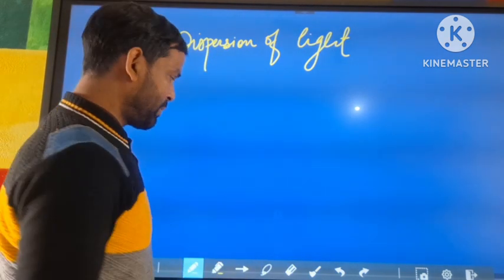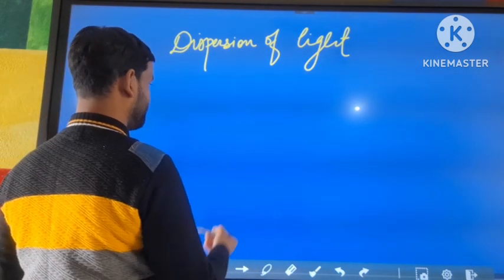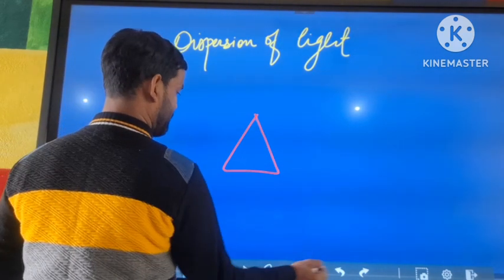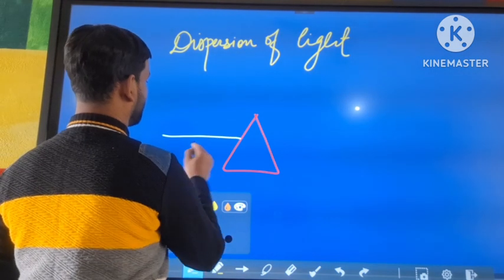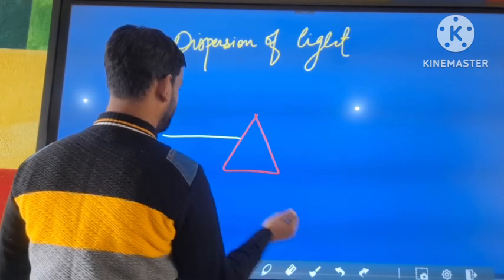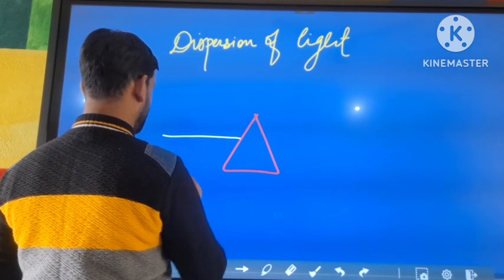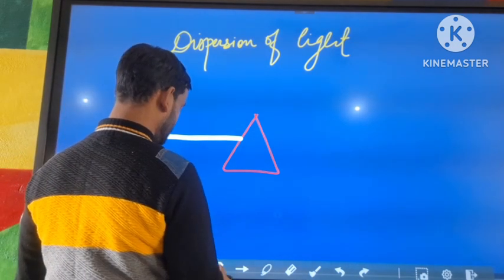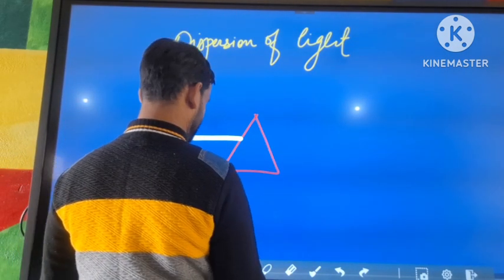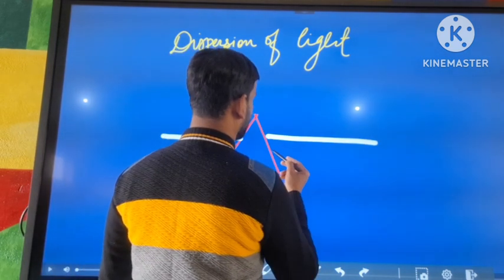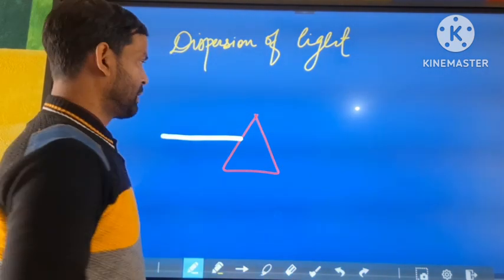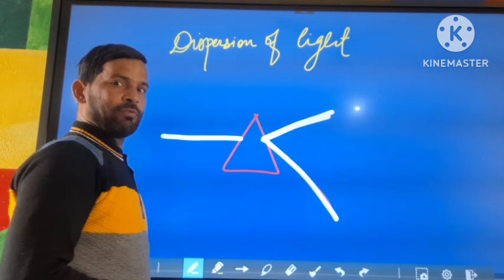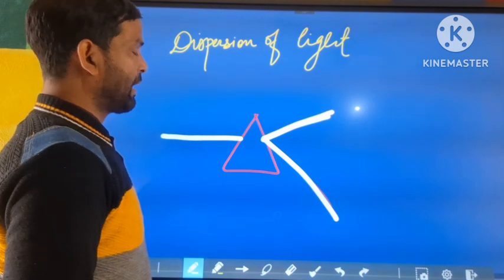Dispersion of light means a white color light having different colors. When the light falls on the prism, it gets scattered into different forms, in different colors.